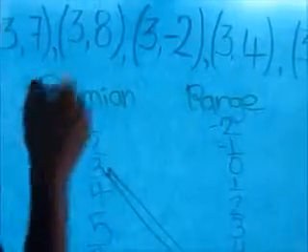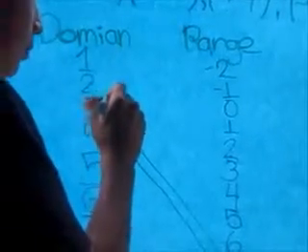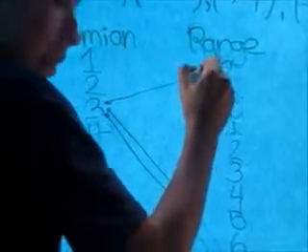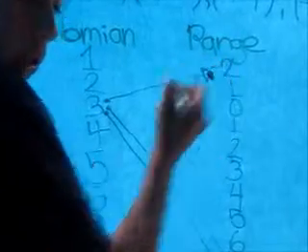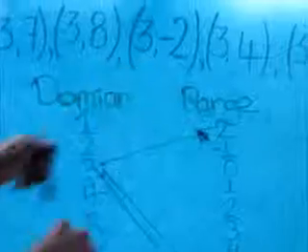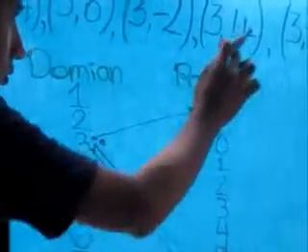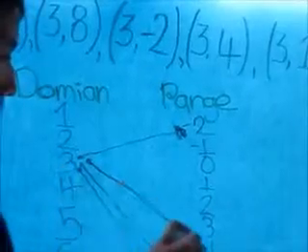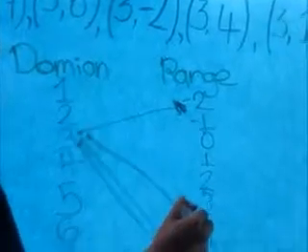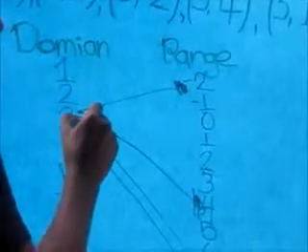Now again the 3, but in this case to -2. Again from 3, but to 4. And last from 3 again, but in this case to 1.